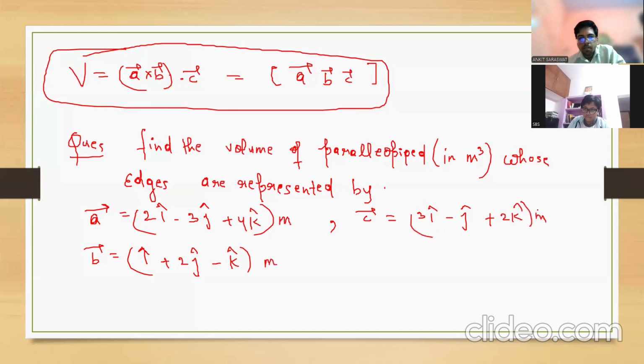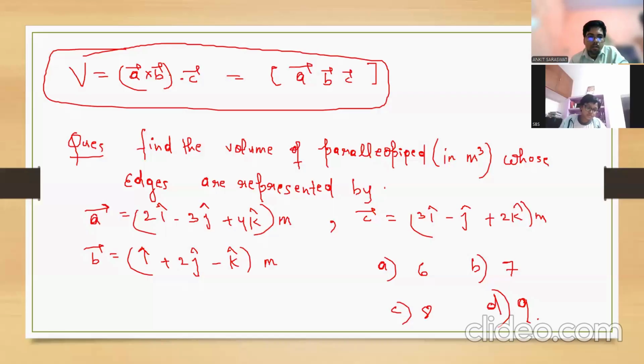So how to find the volume? Take any of ABC, BCA, whatever. Options I'm giving: first option 6 meter cube, option B 7, option C 8, option D 9. Very simple. So write this question.